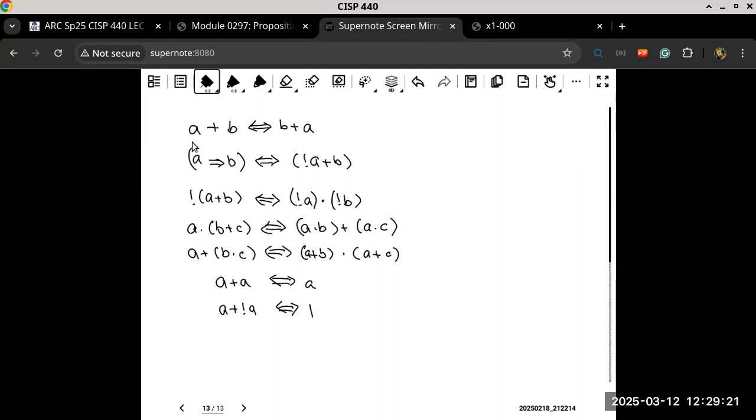And if one of them has to be true and you're ORing those, then you always end up with a one, which is true. I'm not going to list every single rule in Boolean algebra because I don't have to. The whole point is to simplify things so that we don't have to do something like this.